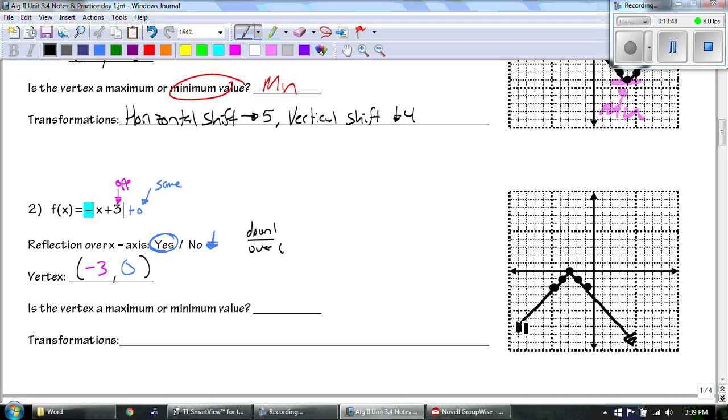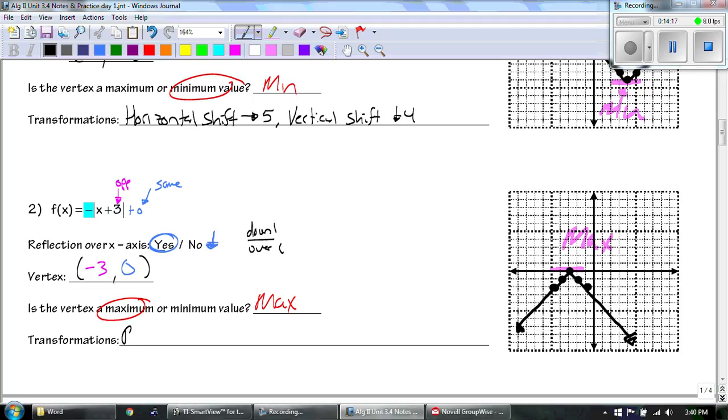Okay, so is the vertex a max or a min? Well, just look, since it's going down, I see the max point. So the vertex is a, sorry, wrong pen, max value. So now we have to explain the transformation.